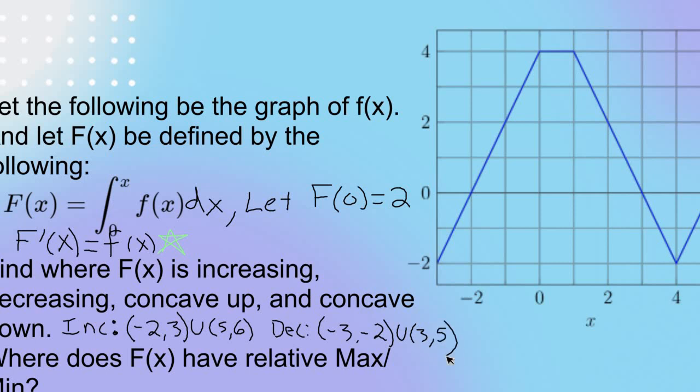And then it asks us about concavity. When is something concave up or concave down? When the second derivative is positive or negative. But I don't have information about the second derivative here. So if my first derivative is increasing, that means I'm going to be concave up, and my first derivative being decreasing means that we're concave down.